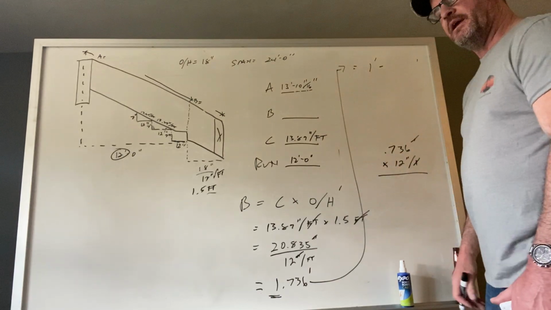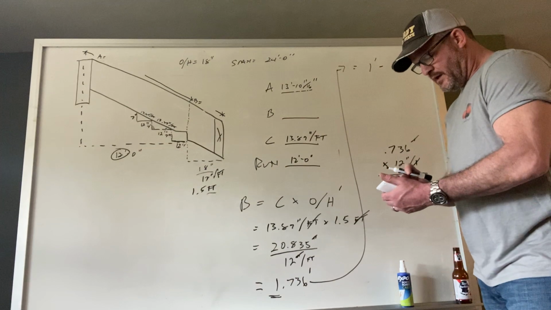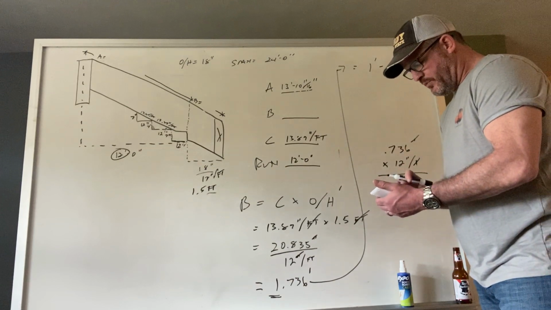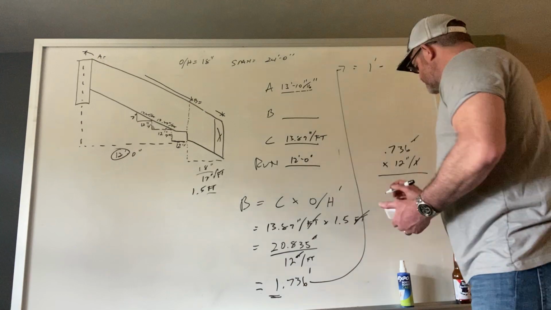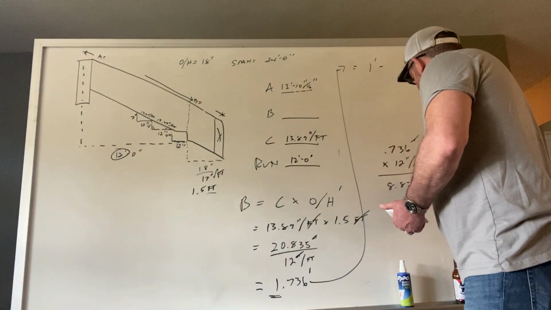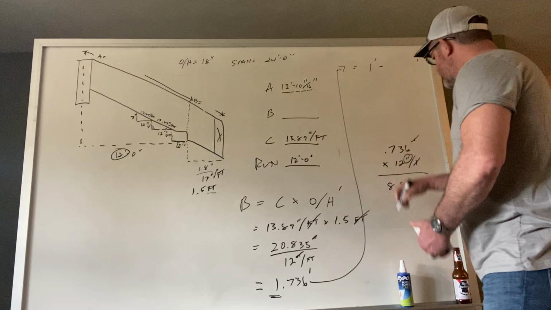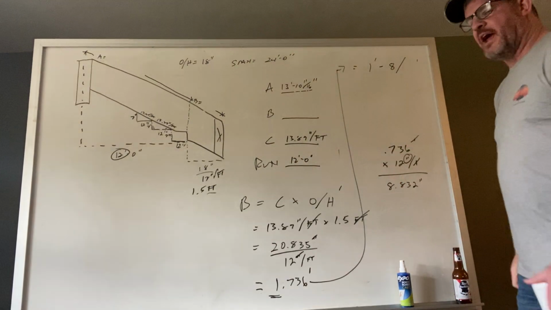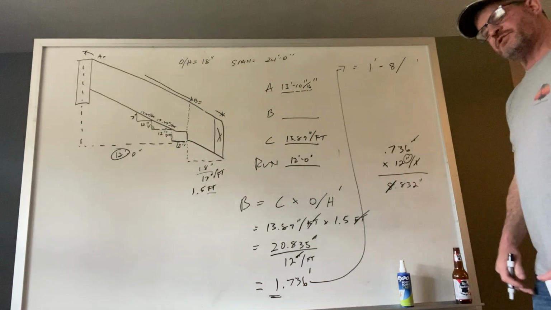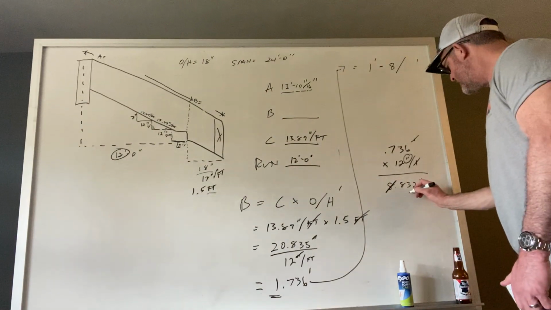And that's going to put me in inches, which is what I want. So I clear my calculator: 0.736 times 12 equals 8.832 inches. Again, that's what's left over. So that means I have 8 inches and some fractional inches, increments of an inch.